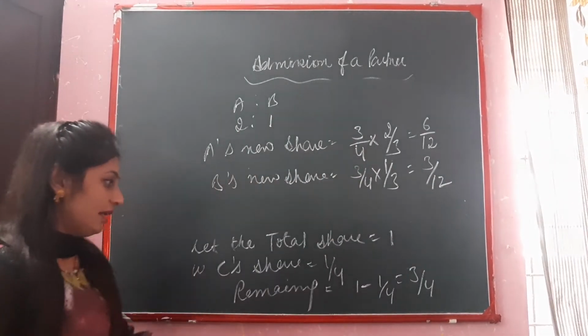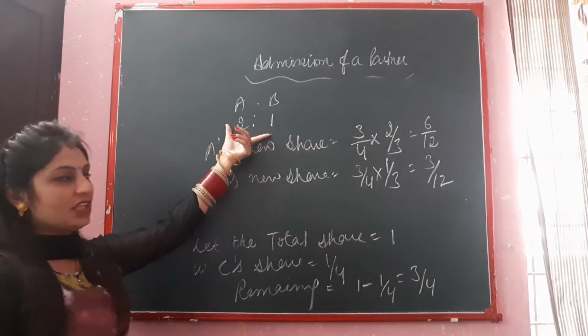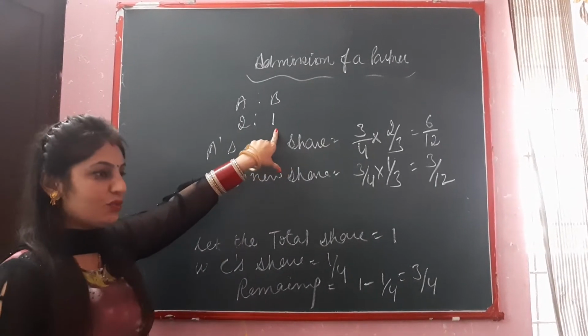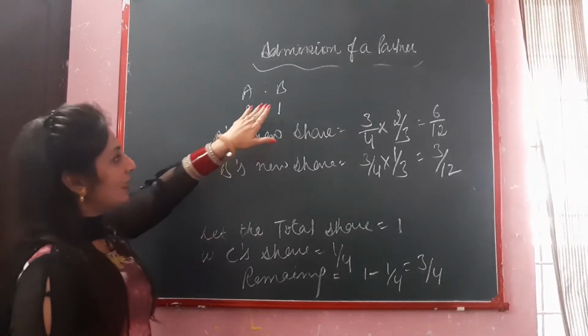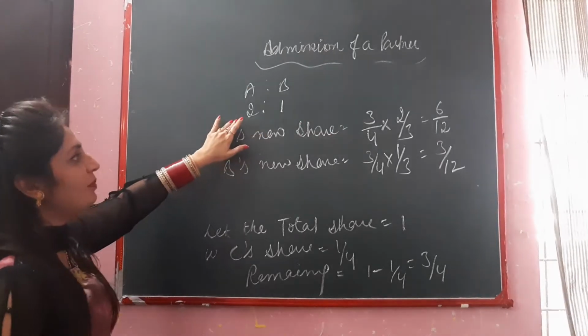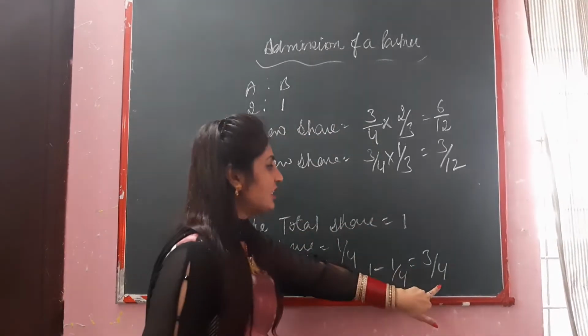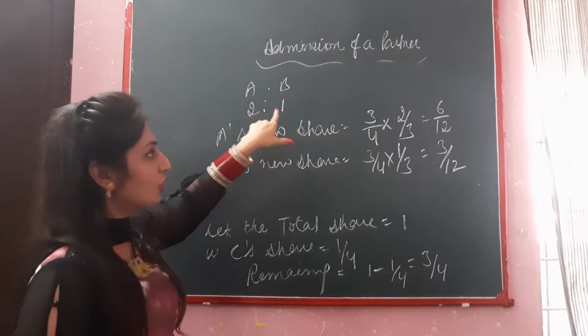So what we have done? The remaining share will be divided among the old partners in their new ratio, that is given in the question. 3:2 we are not taking because 3:2 was the old ratio. But it is given in the question that A and B decided to share in the future in 2:1.